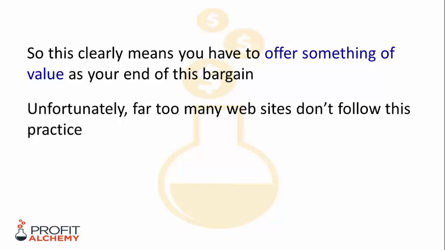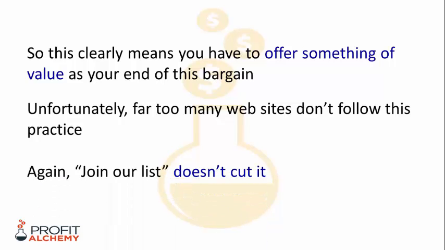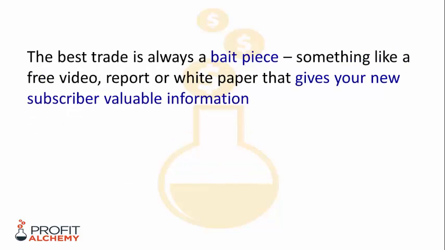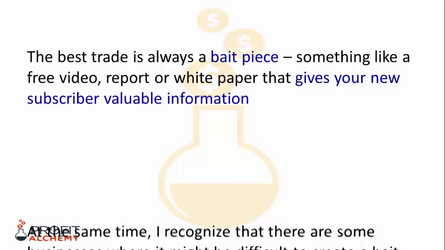Unfortunately, far too many websites don't follow this practice. Again, join our list. There's no value there. It just doesn't cut it. The best trade is always a bait piece. That's something like a free video, a free report, or white paper that gives your new subscriber valuable information they're really going to be excited about getting.